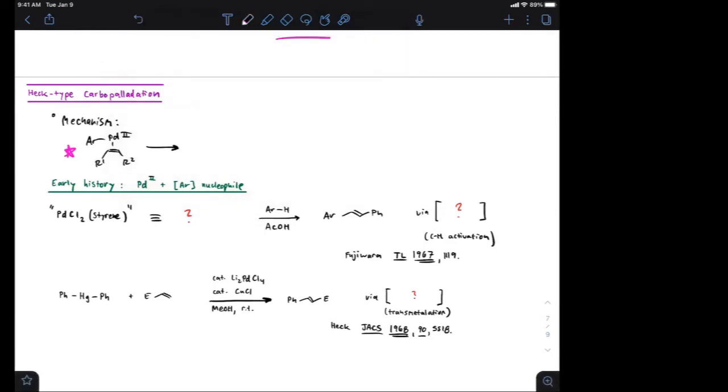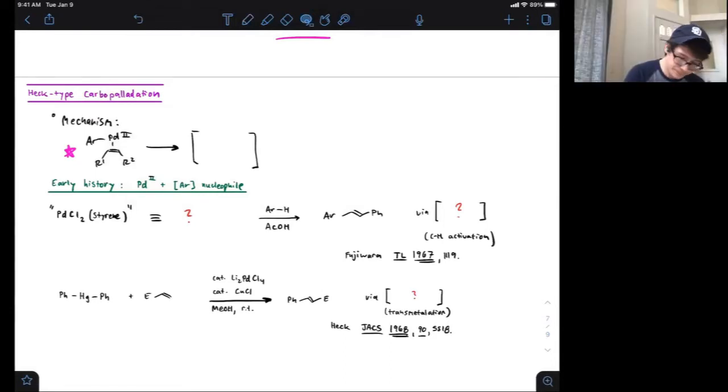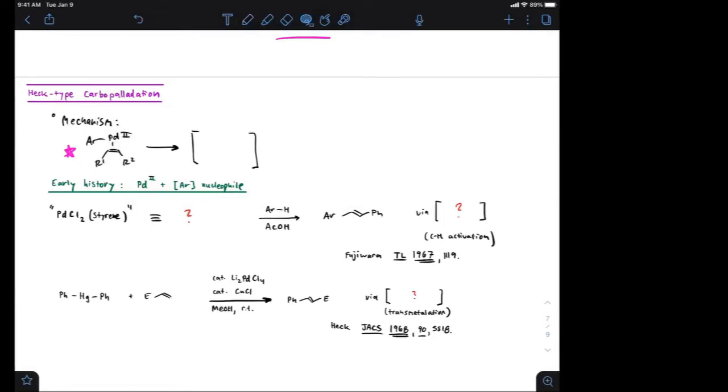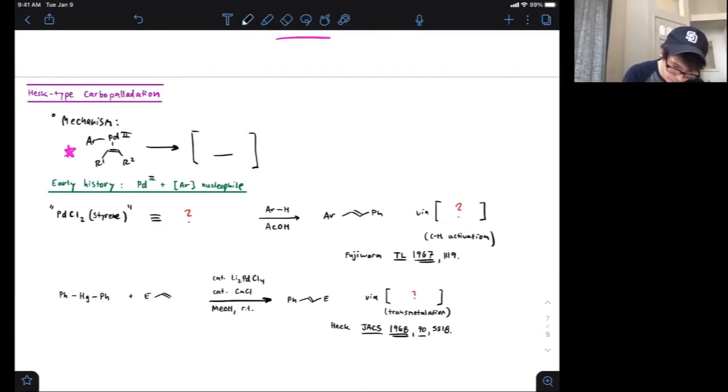So you will have migratory insertion. Okay. Let's draw the four-membered transition state there, so everyone's crystal clear on that. So Jun Chen is saying 1,2 migratory insertion.